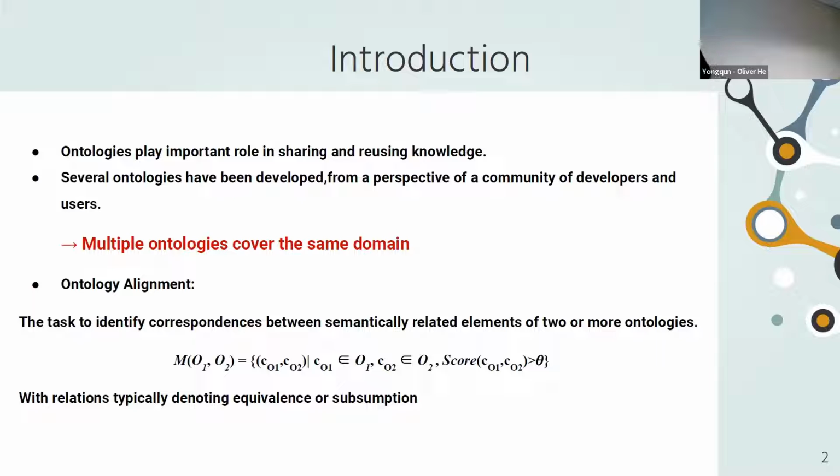If we look at it from the view of having two ontologies, the ontology alignment task will give us a set of alignments: a class from the first ontology that has some score with another class from the other ontology. The relations here typically denote equivalence or subsumption.